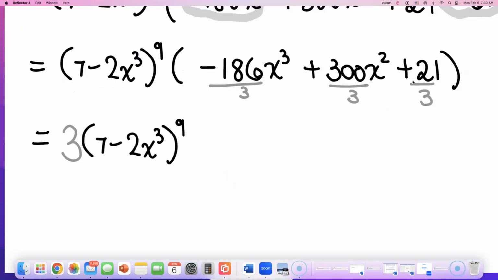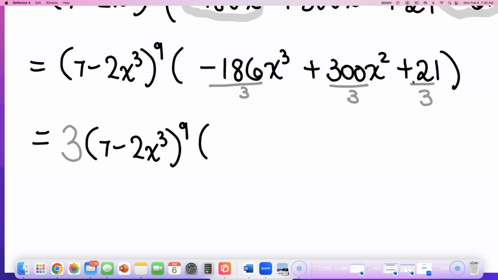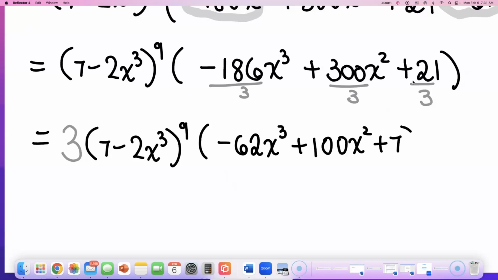But if I divide everything by 3 in here, I will get negative 62x cubed, plus 100x squared plus 7. And I don't think this can be factored out any further because 7's prime, right? I don't think I can find any more common factors, so I will really stop there.